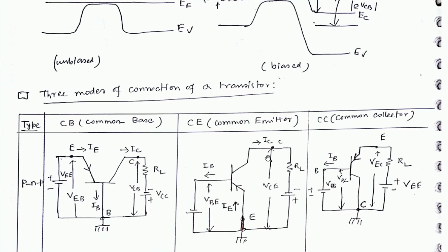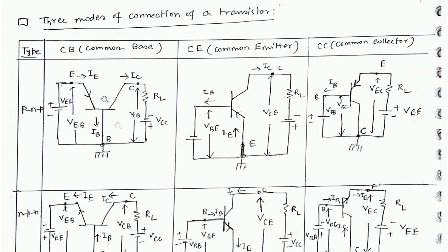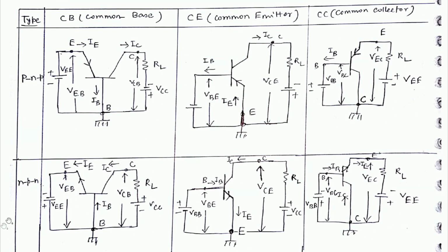Now, three modes of configuration or connection of a transistor: firstly common base, then common emitter, common collector. For PNP you get this. I don't need to explain this. NPN. Here it is common base, so the base will lie in the middle. Common emitter, the emitter will lie in the middle.